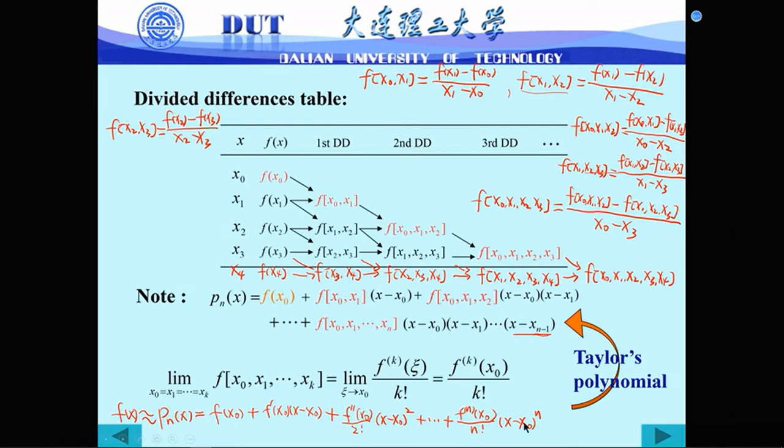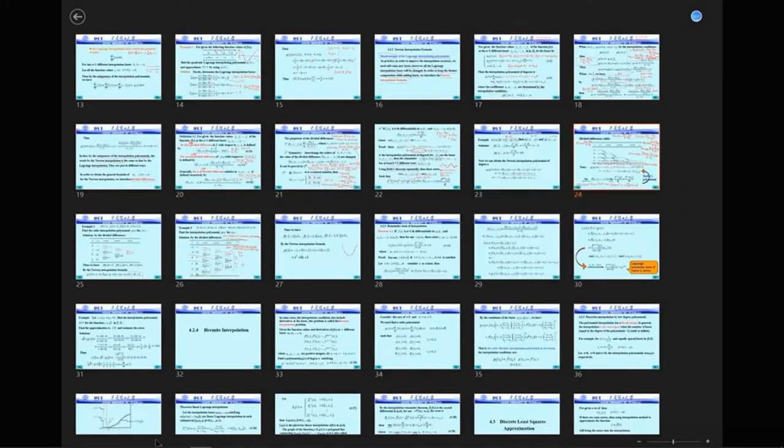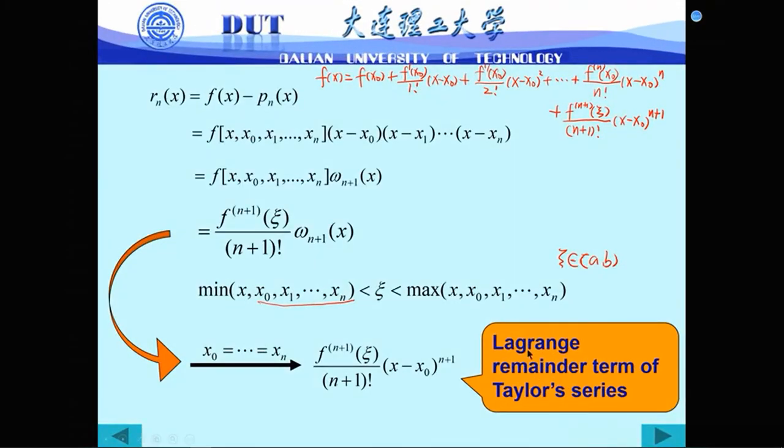Remember here also, the remainder term is the same as the Lagrange remainder term of Taylor's series. So this is the interesting property between the Lagrange interpolation polynomial and the Taylor's polynomial, also the remainder term. So this is a theoretical result about the remainder term.